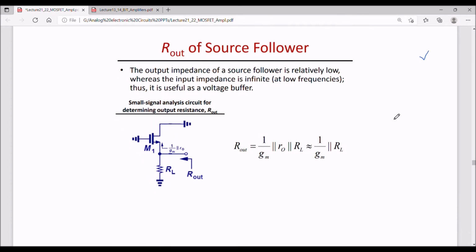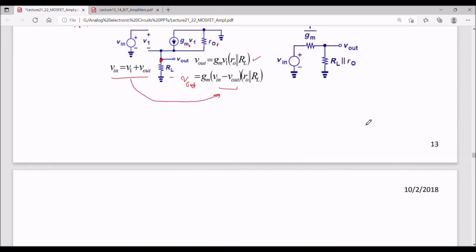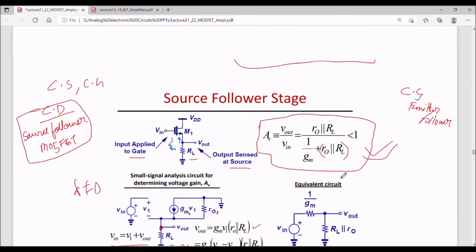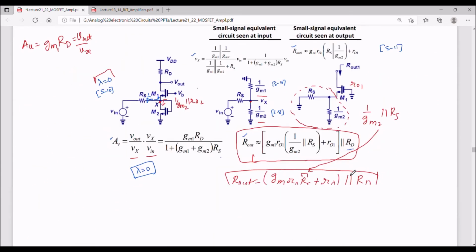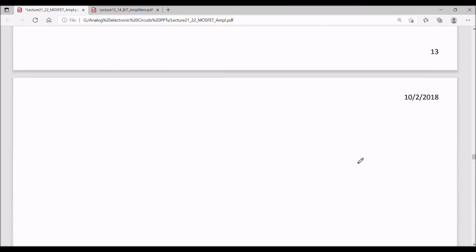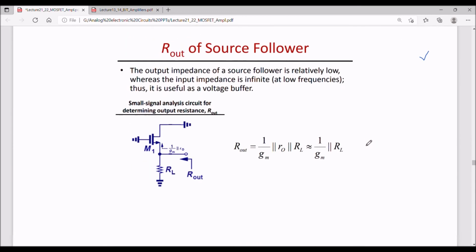Now one can also find out the output impedance of the source follower. Output impedance can be found by inspection simply, or by using the previous equation that we had. We haven't found output impedance here, so that can be found by inspection itself.